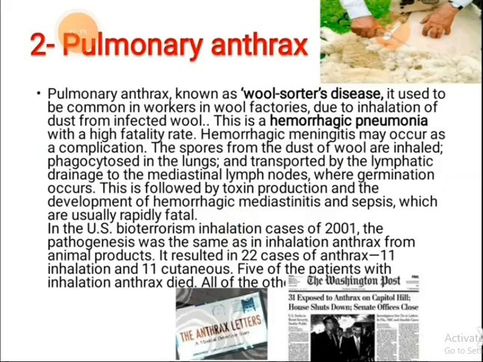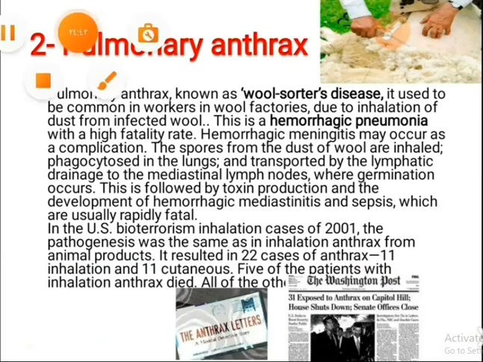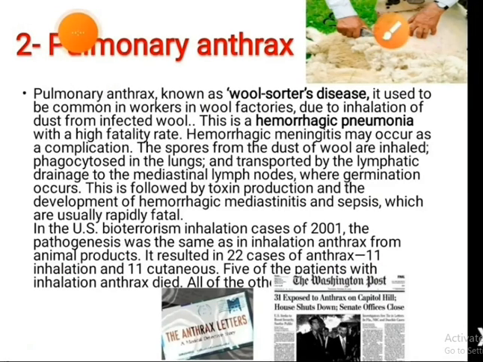The second disease caused by Bacillus anthracis is pulmonary anthrax. Pulmonary anthrax, also known as wool sorter's disease, used to be common in workers in wool factories.